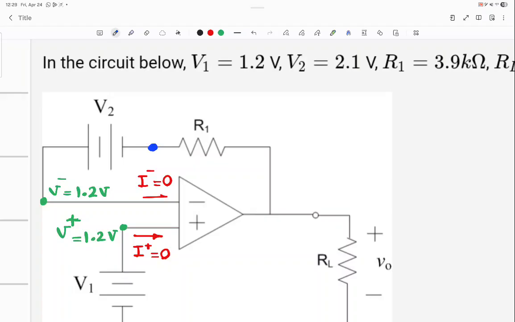Do you all agree with that? That's a battery. The positive terminal is 1.2. So if you write 1.2 minus the value of V2, which is 2.1, it will give you the blue dot. 1.2 minus 2.1 equal to negative 0.9 volts.